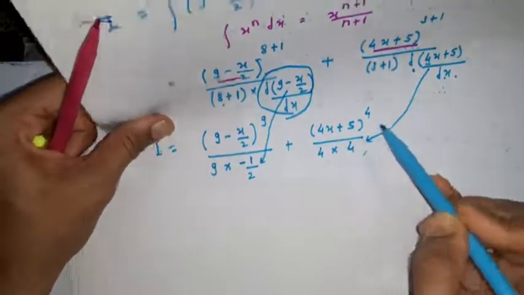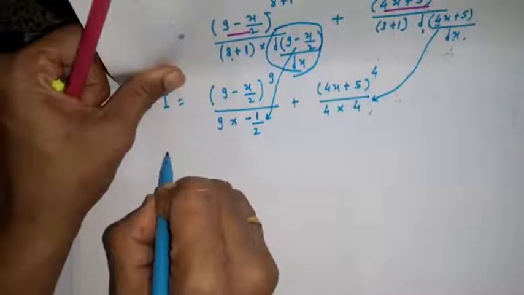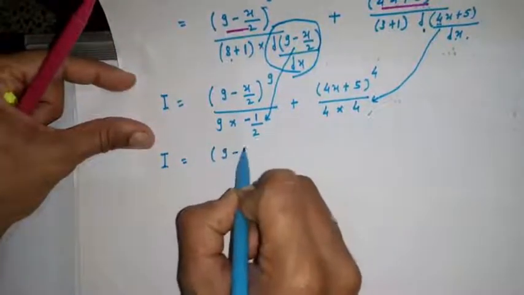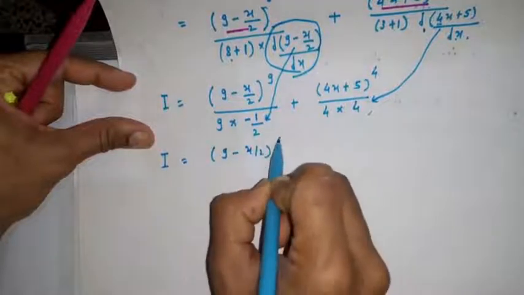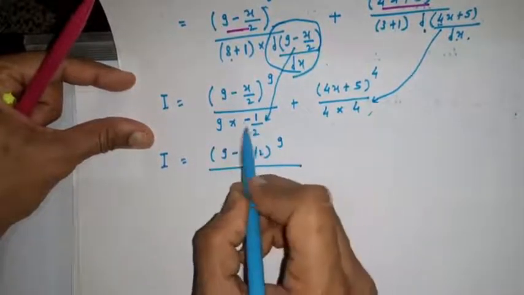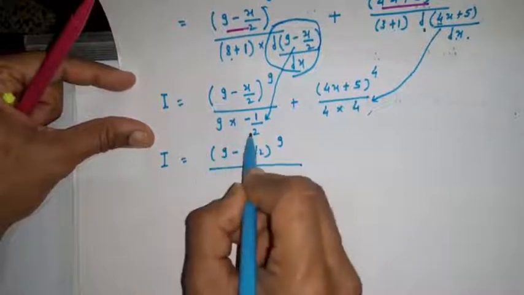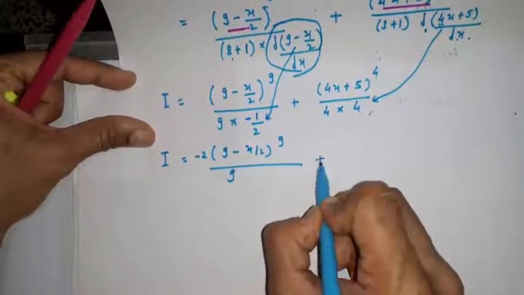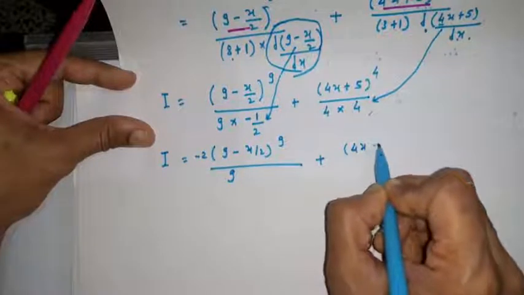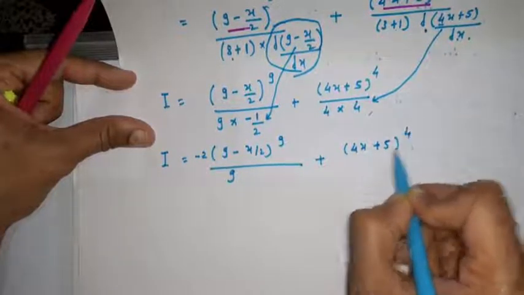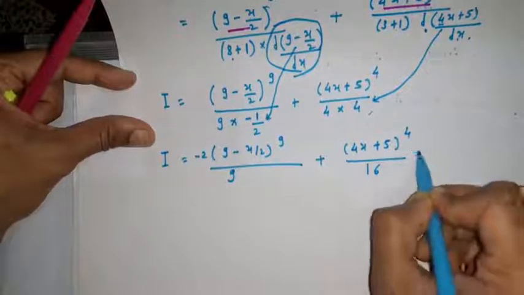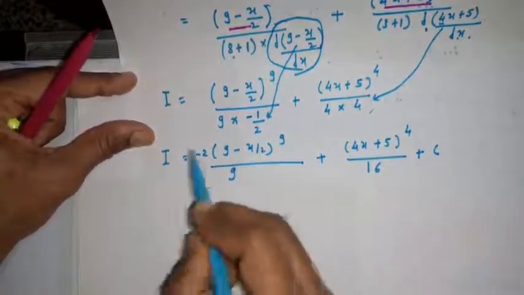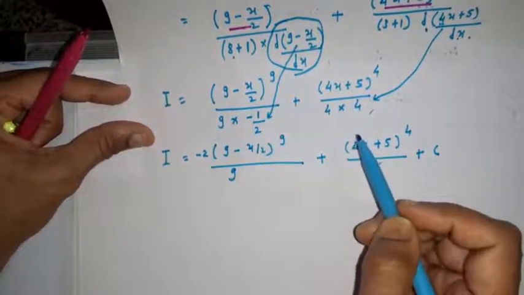And hence, the integration is equal to (9 minus x by 2) raised to 9 upon, this is equal to minus 2 upon 9, and (plus 4x plus 5) raised to 4 upon 16, plus constant of integration c. In this way, this is the integration of the given problem.